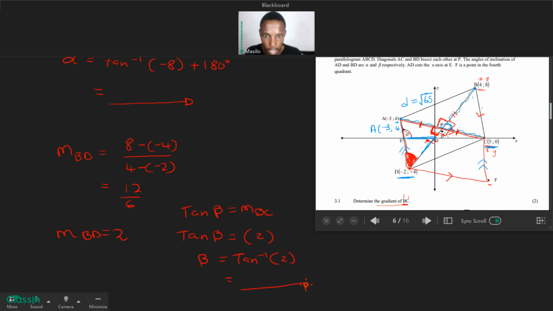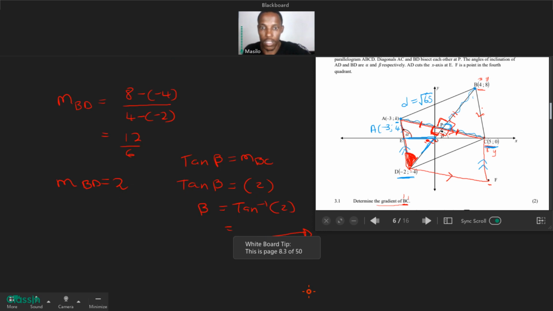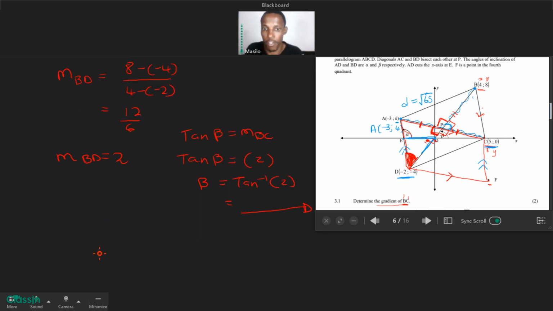Like I said, I don't have my calculator. You can just check how much the value is there. And then from there, because you are looking for EDO, and this is the exterior angle, this means that EDO is equals to alpha minus beta. Then that is your answer there.